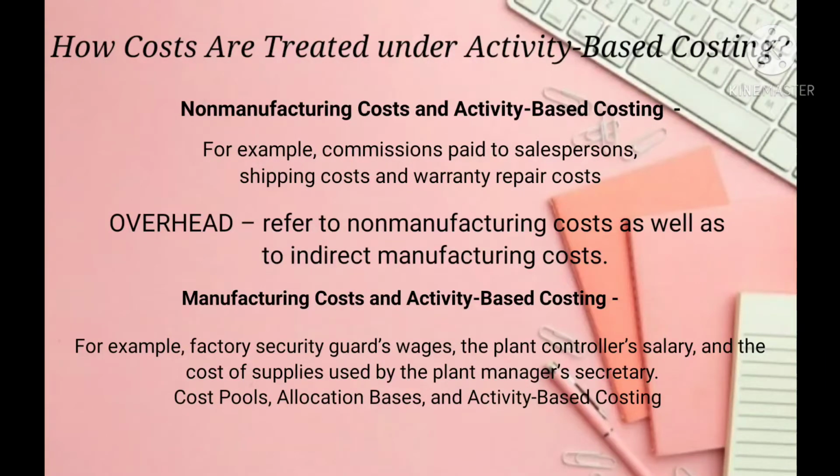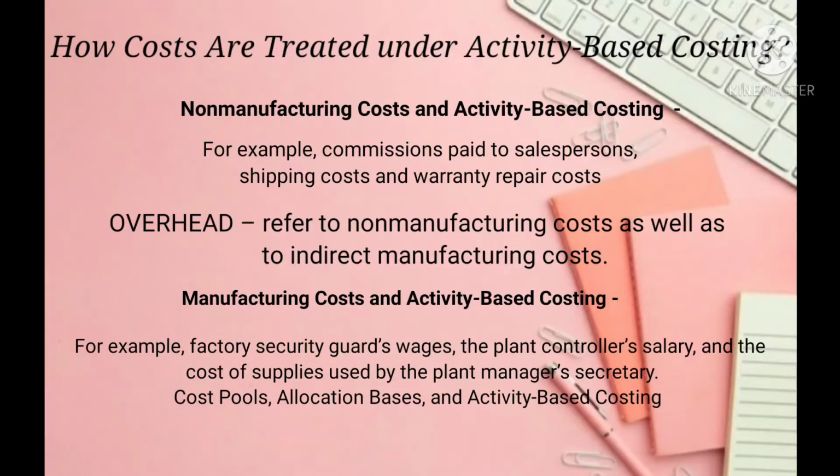Manufacturing overhead includes costs such as the factory security guard's wages, the plant controller's salary, and the cost of supplies used by the plant manager's secretary. These types of costs are assigned to products in a traditional absorption costing system, even though they are totally unaffected by which products are made during a period.